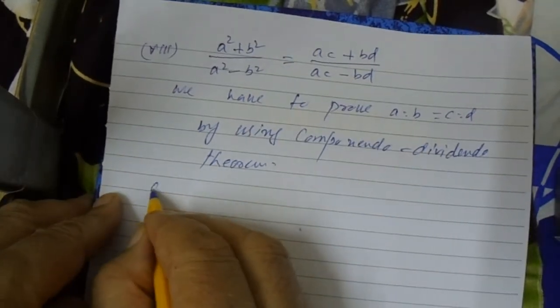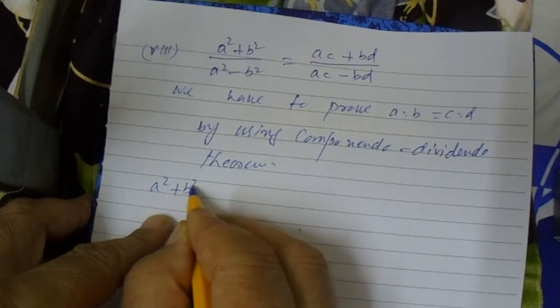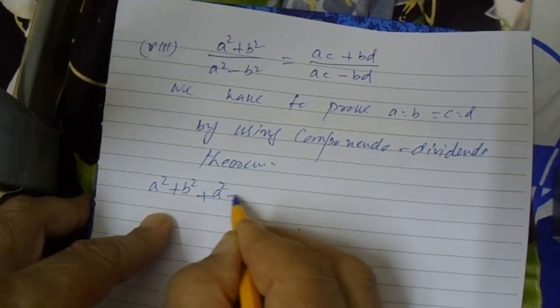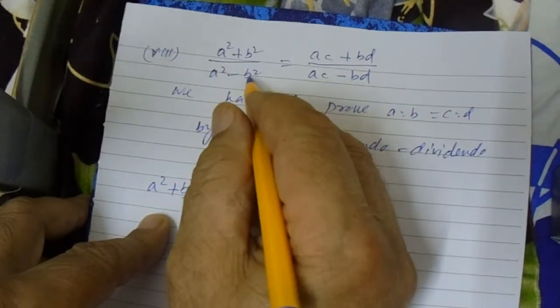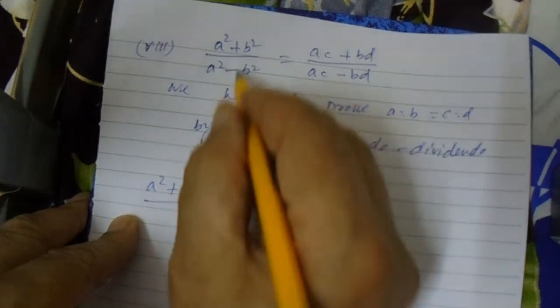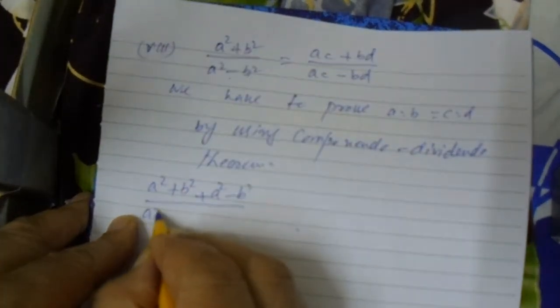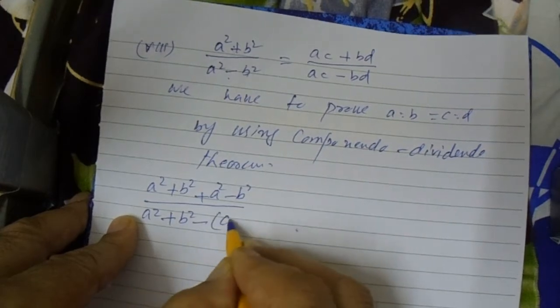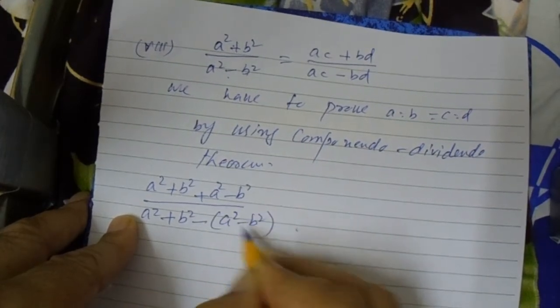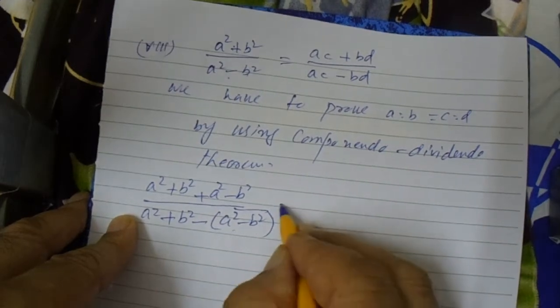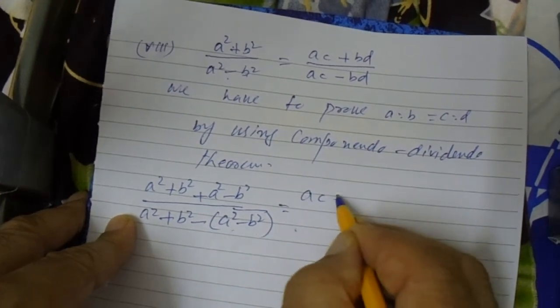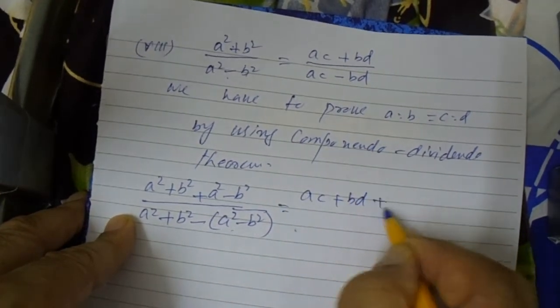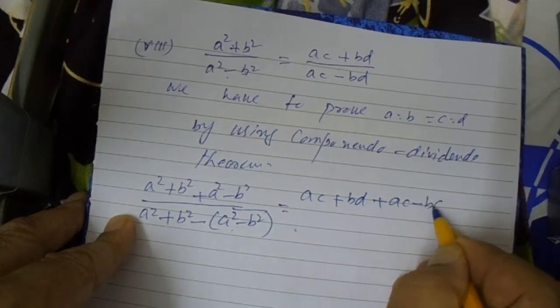A square plus b square plus a square minus b square. This plus this, and here this minus this. A square plus b square and minus a square minus b square. We write in bracket because we have two terms, is equal to AC plus BD and plus AC minus BD.